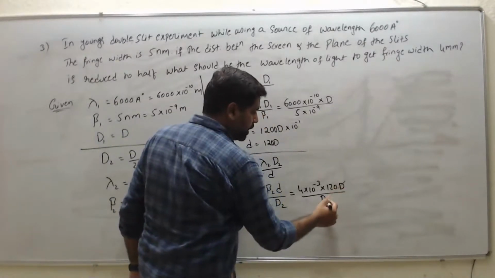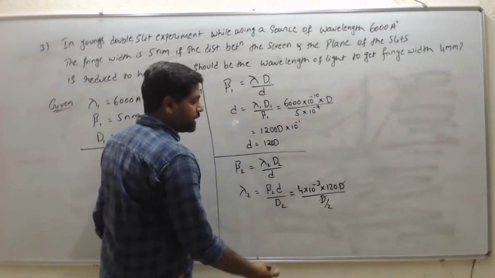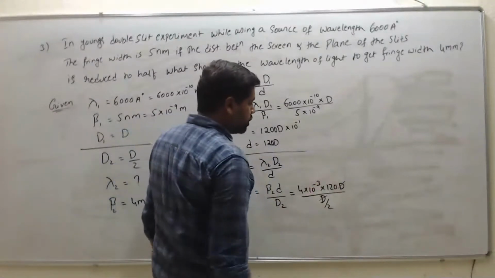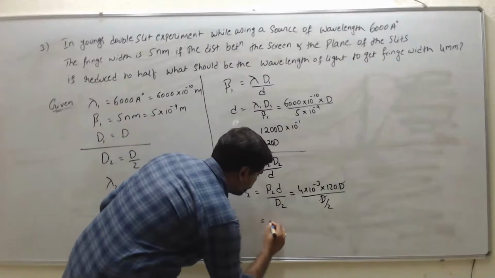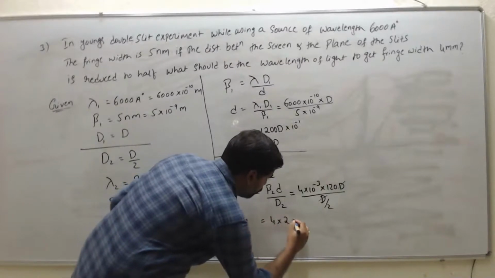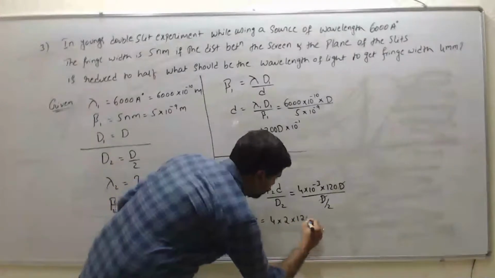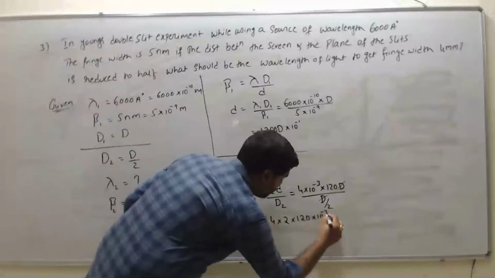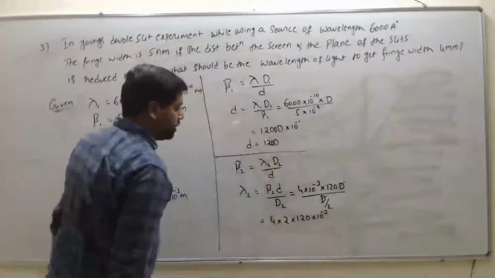In the numerator D and in the denominator D get cancelled, then 2 goes to the numerator, so 4 into 2 into 120 into 10 to the power of minus 3.